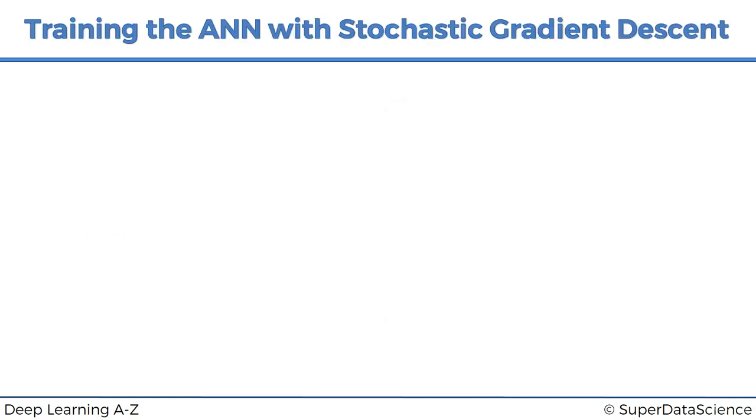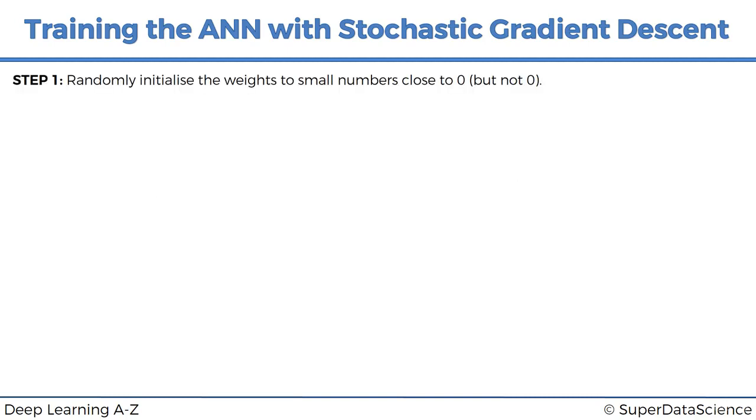And now we're going to just wrap everything up with a step-by-step walkthrough of what happens in the training of a neural network. All right, so step one, we randomly initialize the weights to small numbers close to 0 but not 0.